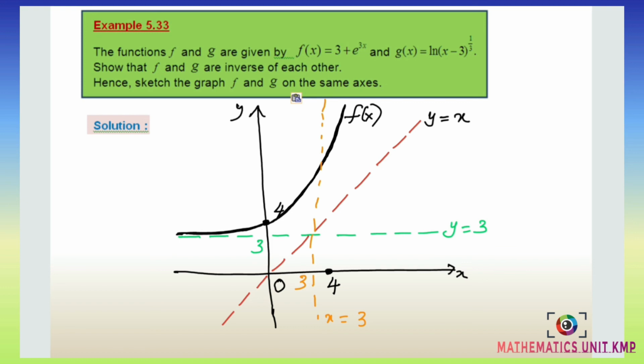When f(x) approaches the horizontal asymptote, g(x) approaches the vertical asymptote. Not touch the vertical asymptote, and we can reflect the graph g and draw the smooth graph g(x). Okay, done.